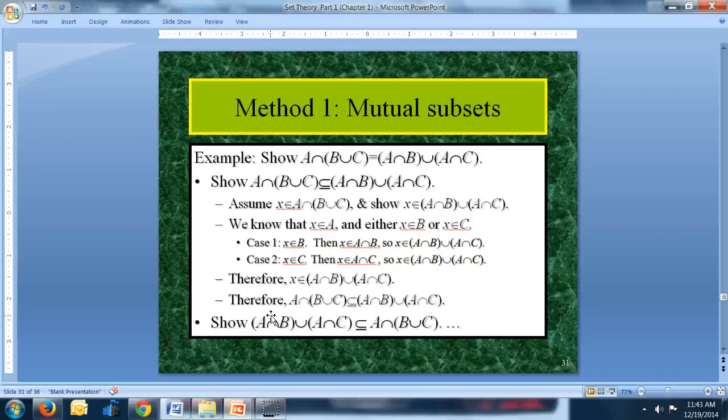Now we have this thing about a combination of intersection and union. This is similar to when you're doing multiplication in mathematics.